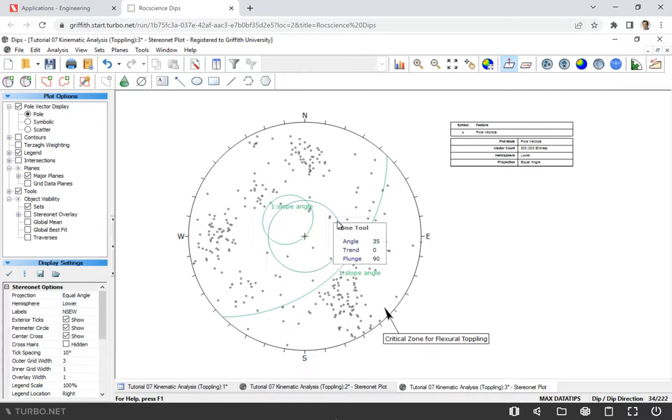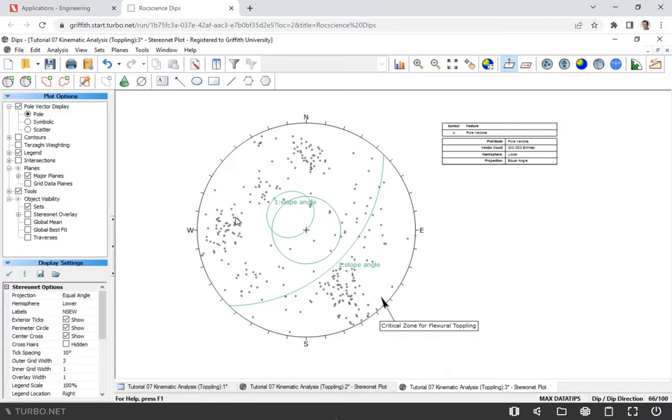Now we get this circle. This circle shows that all the points, the poles that represent discontinuities, that incline at an angle greater than the friction angle. The dip of all these poles will be greater than 35 degrees. Inside, we have just a few poles. These poles represent planes of discontinuities that are inclined at an angle less than 35 degrees.